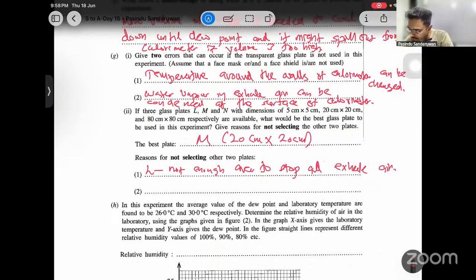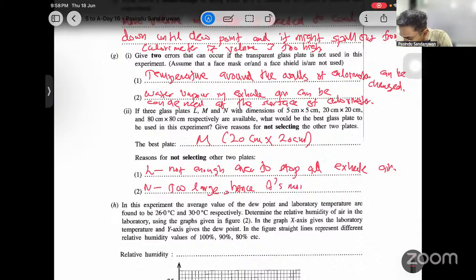And for not selecting N, too large. Hence, the system is difficult to stir.